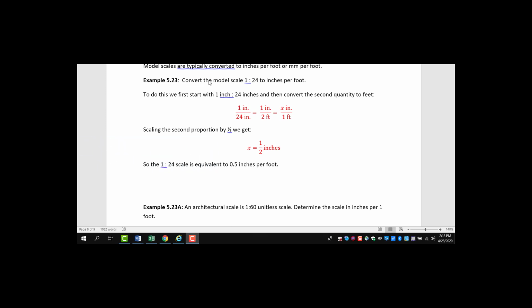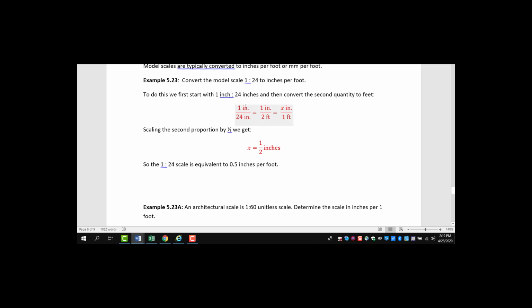Okay, so here we're going to convert a scale model, which is a 1 to 24 unitless, to inches per 1 foot. When they say per foot, they mean 1 foot. So there's our original 1 to 24. I'm going to start with inches, because it's easy to convert inches to feet.